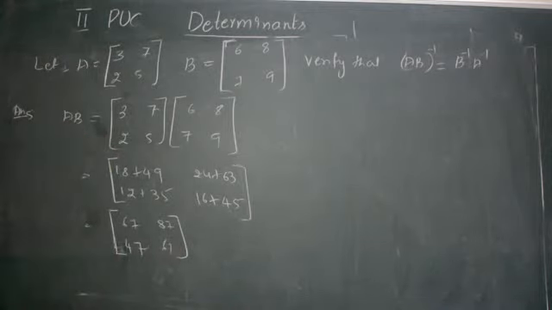So we have calculated the product AB. Then after that we have to find the determinant of AB. Determinant of AB is equal to 67 into 61.